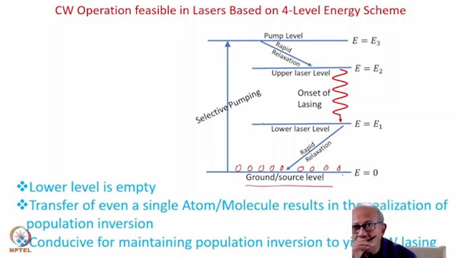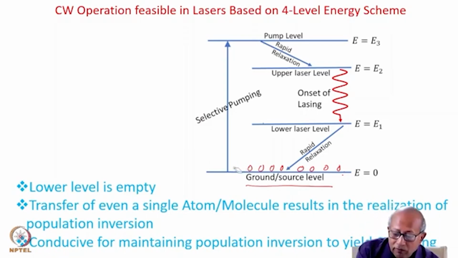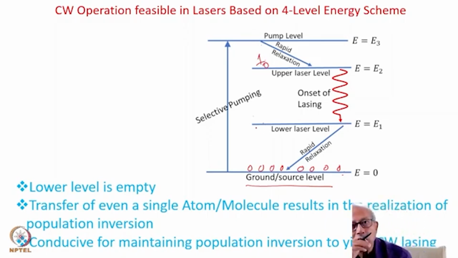It is practically empty. Therefore, if you transfer only one atom now to the upper laser level, it is only one atom. This is zero. There is no atom. So you have created population inversion.